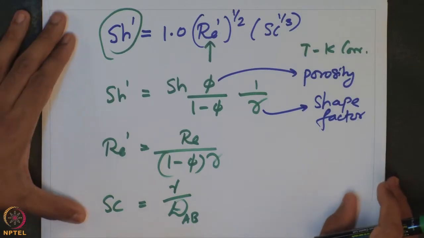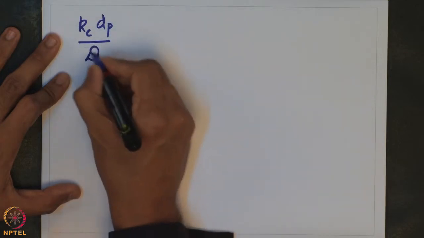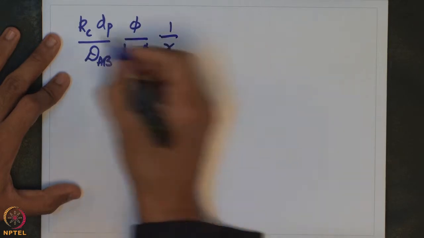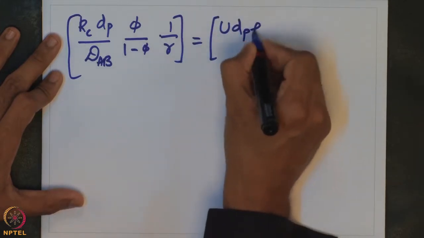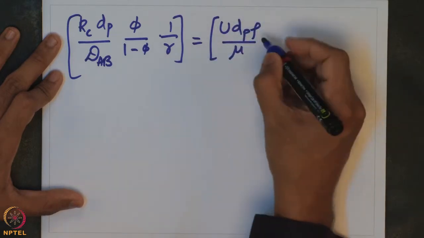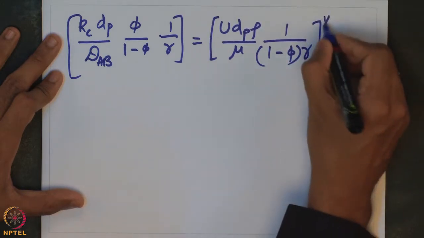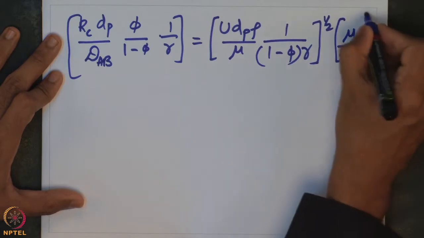If I plug the modified expressions for these different dimensionless quantities into the Thoenes-Kramers correlation, it essentially boils down to Kc into equivalent particle diameter dP over DAB multiplied by phi divided by 1 minus phi into 1 by shape factor, and that should be equal to U dP rho by mu, which is nothing but the Reynolds number based on the particle diameter, to the power of half, into mu by rho DAB, which is the Schmidt number, to the power of 1 by 3.